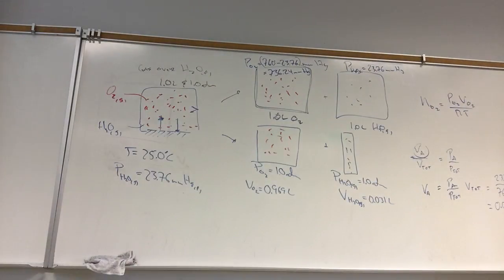736.24 over 760 should equal 0.969 over 1 liter, right? These two fractions should be the same, or we can convert it to percentages if you like percentages better. What is the percentage here?